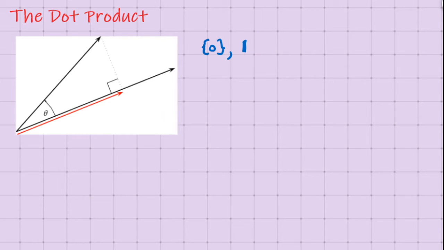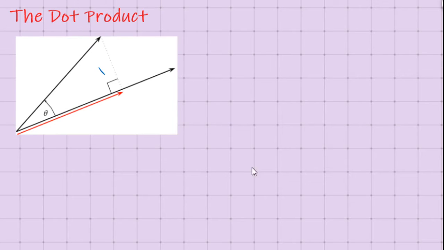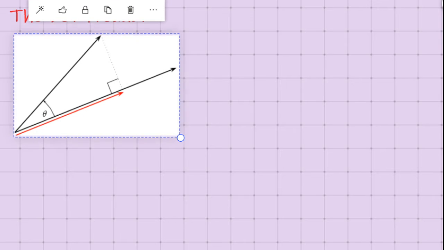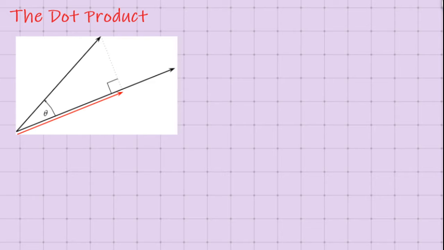So we're going to define the dot product in a very particular way, using kind of an arbitrary definition, but one that will make sense momentarily.